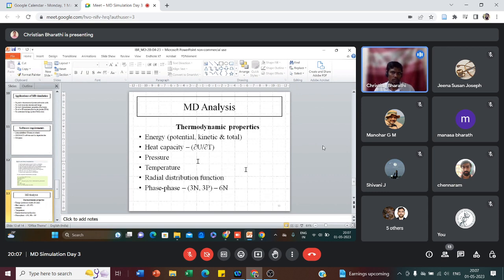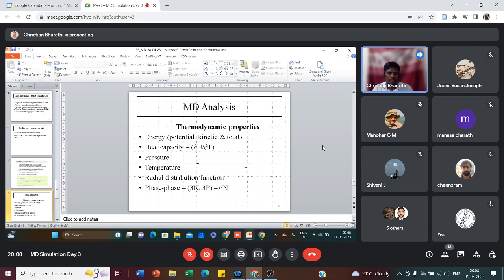With reference to solvent or any other molecule in the system, we try to calculate the size of the protein, and that information is derived using the radial distribution function. That's why the radius of the system or size of the protein is determined using the radial distribution function.